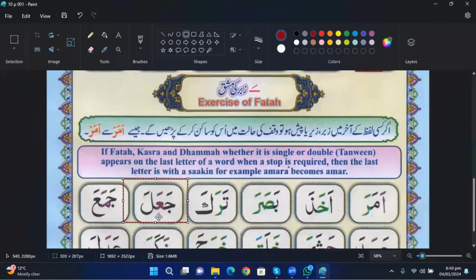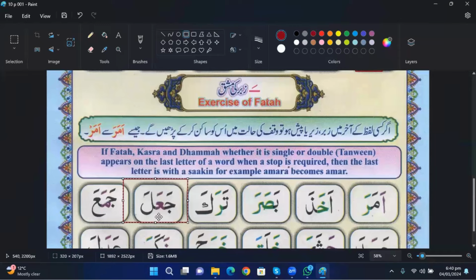So here is page number 13, how you will do the exercise of double fatha. How will you read double fatha when it comes over the last letter?